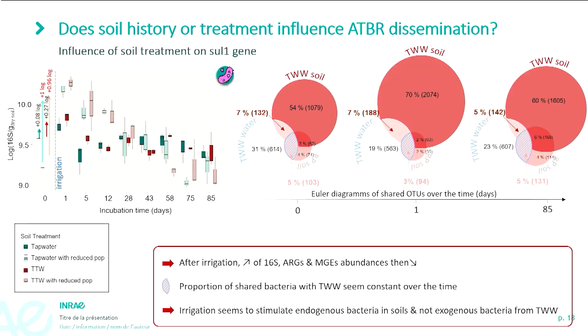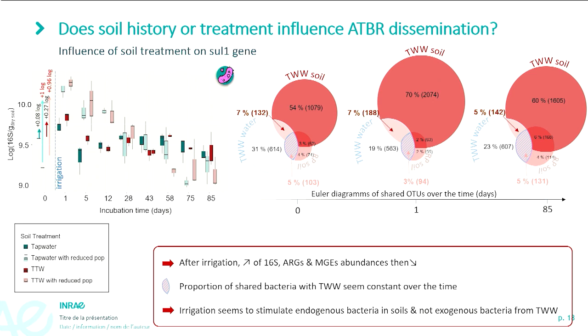And here I represented the Euler diagrams of the shared OTUs over the time at 0 days, 1, and 85 days. And just to show you what is shared between treated wastewater soil and treated wastewater soils that underwent inactivation treatment.